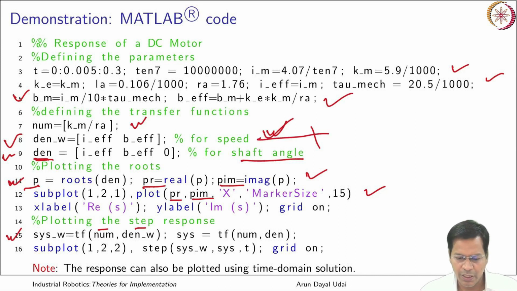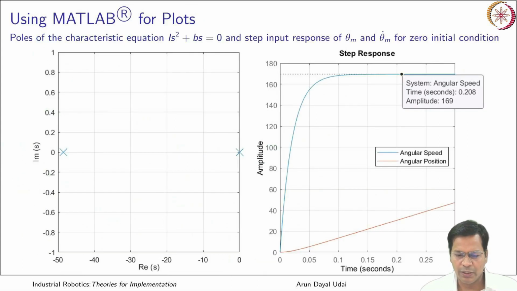You have created your system using the transfer function with numerator and denominator, and plotted the step input for your system for speed and for angle against time. Time varies from 0 to 0.3 seconds only. This is your step, and let us see how it looks.